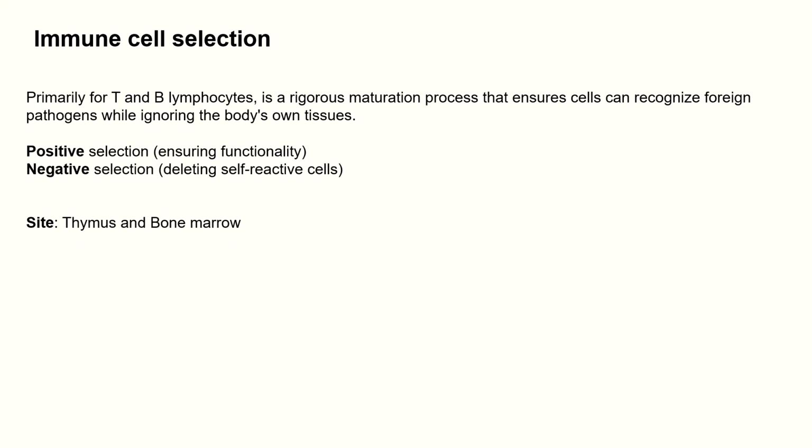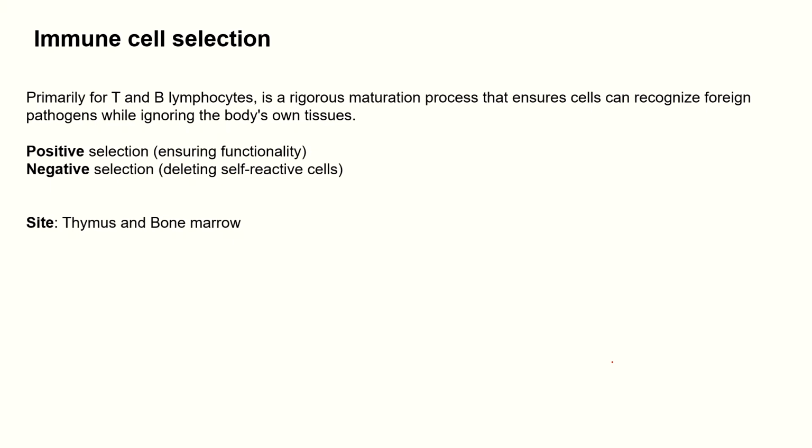One is called positive selection, where the cells selected can produce an antibody that can react to the antigen. And the second is negative selection, which stands for deleting the self-reacting cells. That means we have to select the positive cells which can produce an effective immune response, and we have to negatively select those cells which react to our self-tissue.